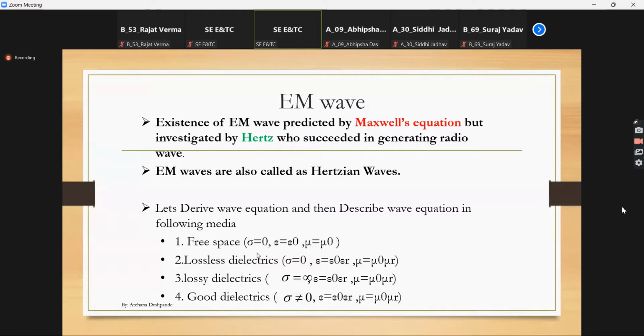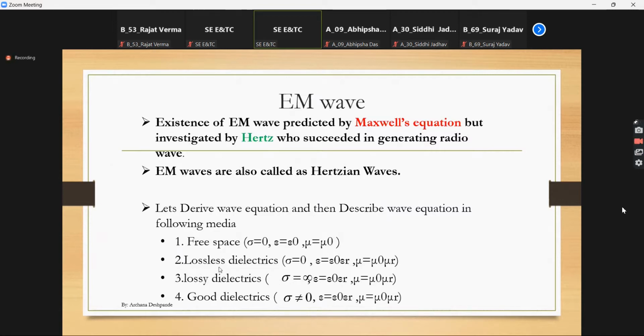Free space does not have any conductivity, so sigma is 0. Epsilon is equal to epsilon 0, because epsilon is epsilon r into epsilon 0. For free space, epsilon r is 1, and therefore epsilon becomes epsilon 0. Similarly, mu is mu 0 into mu r. In case of free space, mu r is 1, and therefore mu is equal to mu 0.